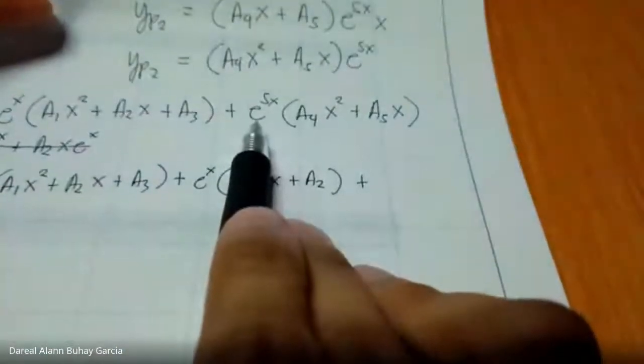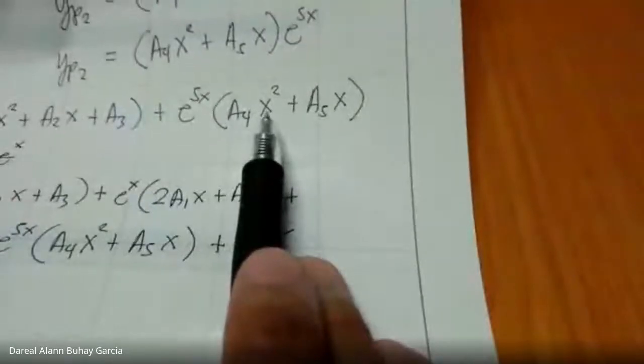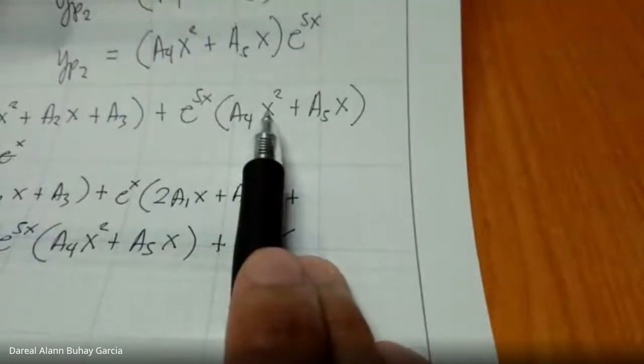Plus the derivative of 5e to the power of 5x, copy, a4x squared plus a5x. Plus, copy, the derivative of the inside, 2a4x plus a5.